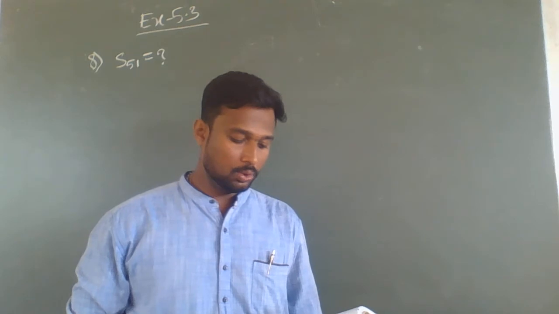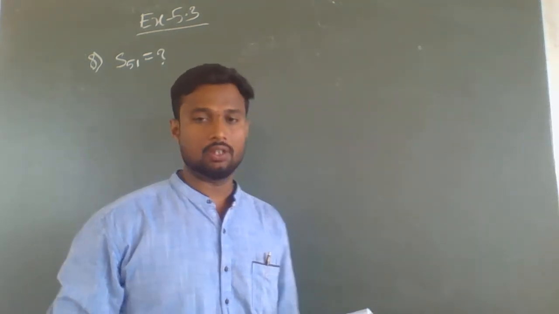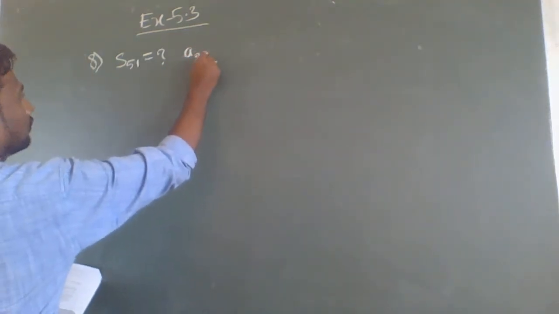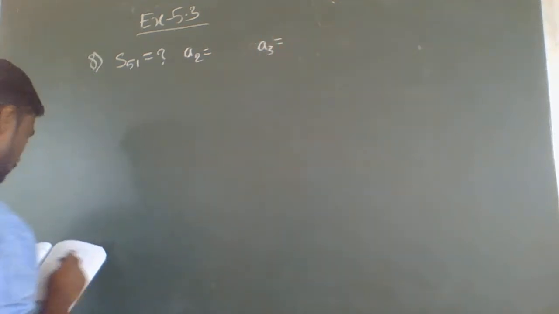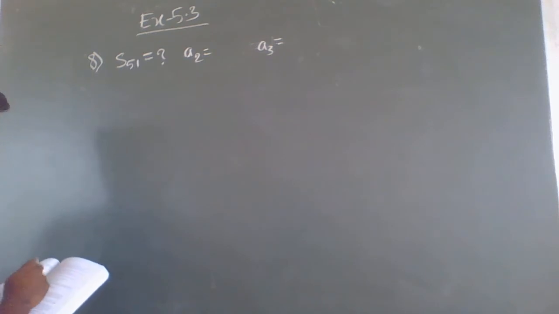of an AP whose second and third terms are 14 and 18 respectively. They have given the second and third terms, meaning A2 and A3. Second and third terms are 14 and 18 respectively.